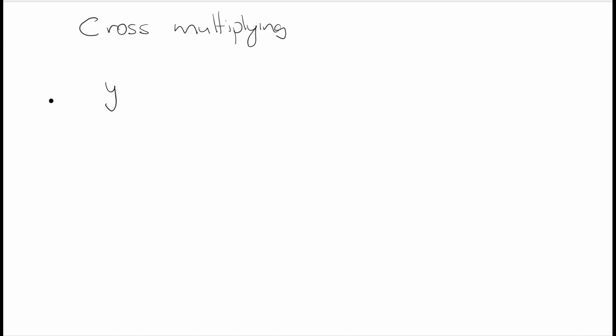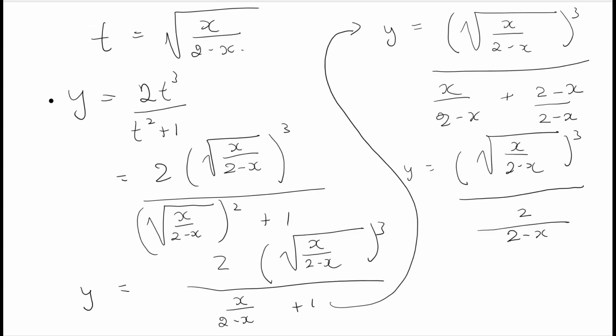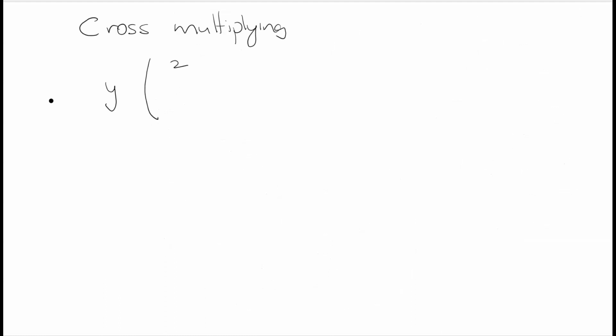so then I've got y times, now the bottom line, if we just go back, the bottom line was 2 over 2 minus x. Okay, so just go here. So that was 2 over 2 minus x is equal to, now we had it as the square root of all of this, x over 2 minus 2x like that, and that was, hang on a minute, I think I've lost a 2 somewhere.